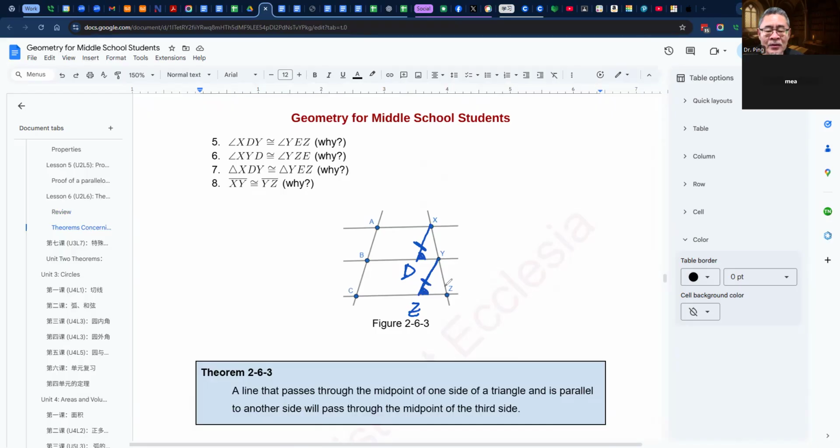Why is that? Think about the properties of parallel lines. So we know this line is parallel to this line, and this line is parallel to this line.